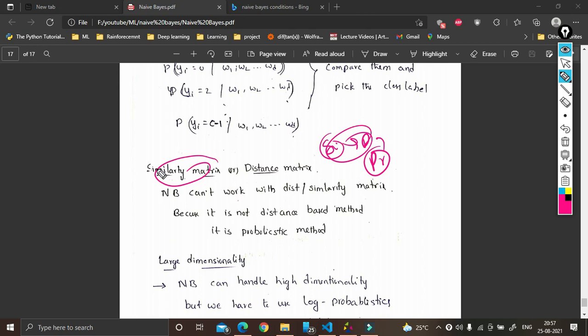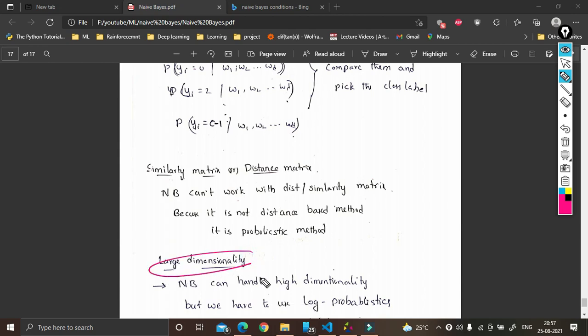Because of that, a similarity or distance matrix won't work here. We can also apply it to high dimensional data very easily, because we are using log probabilities. If we do not use the log probabilistic method, we will face some problems.